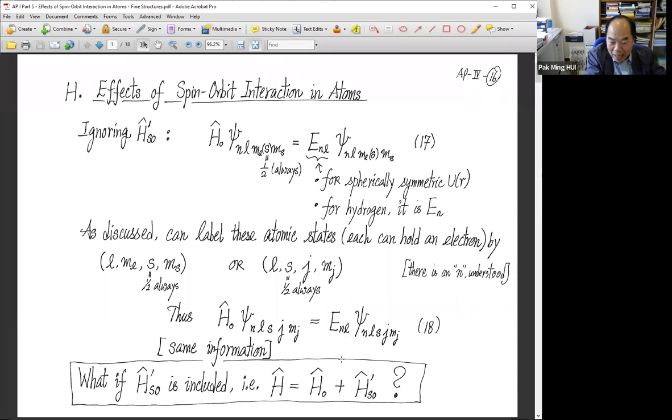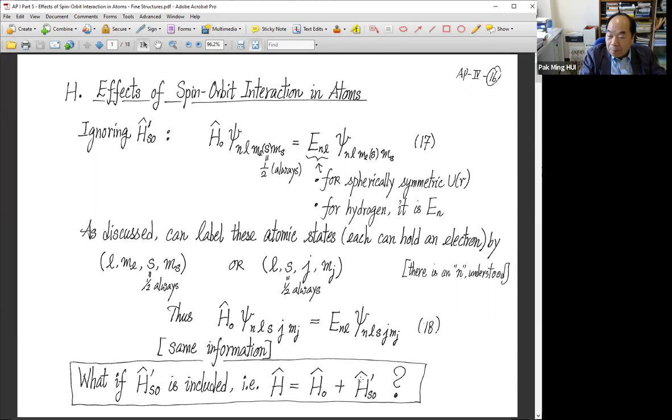How can we handle this extra term, at least approximately? Can we do first order perturbation theory to get something out of it? The answer turns out to be yes, if we are clever. So that's the question we will try to answer next time.